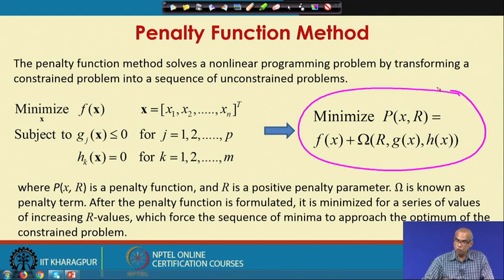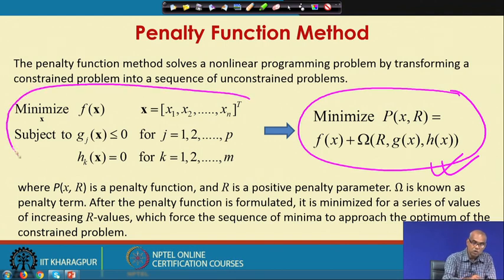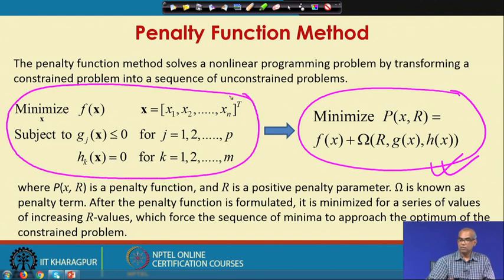So, after you formulate this penalty function for the original nonlinear programming problem, you solve this penalty function starting with one value of penalty term r. So, you minimize this unconstrained function using any standard numerical methods for minimization.